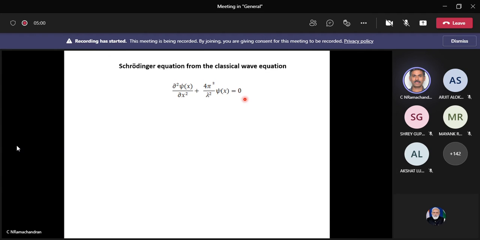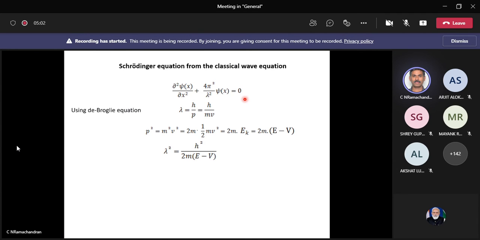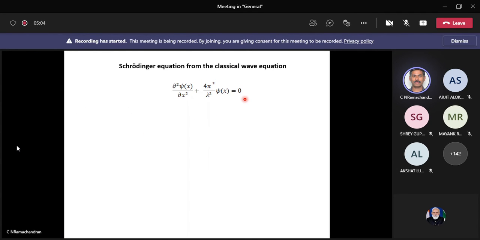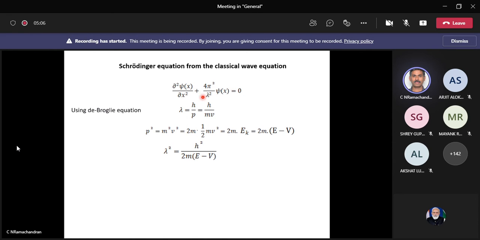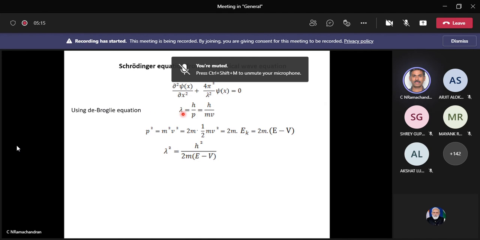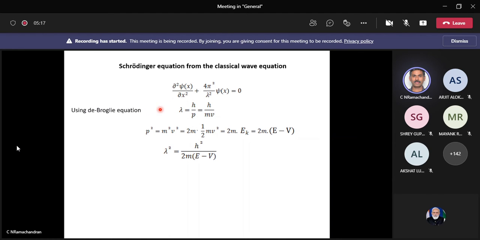So here we have a second order differential equation and here we are bringing in the de Broglie concept. What we are doing is connecting this lambda square using the de Broglie equations. As per de Broglie, lambda is equal to h by p, or h by mv.